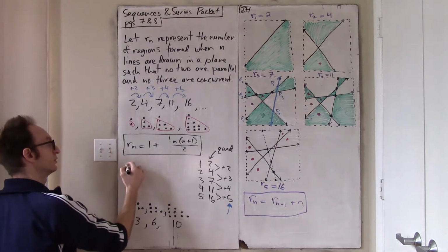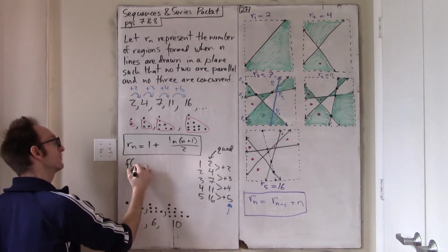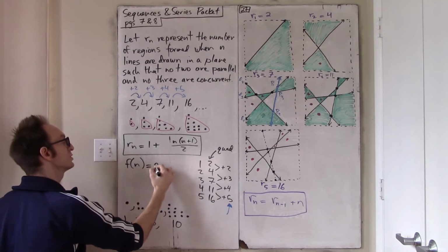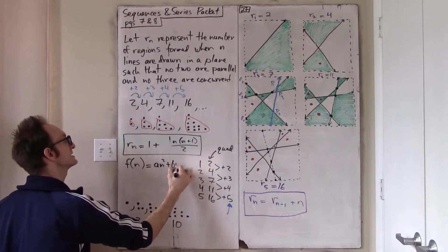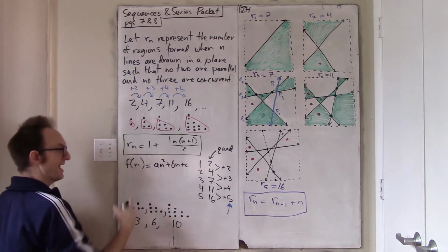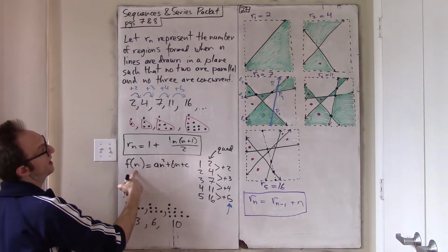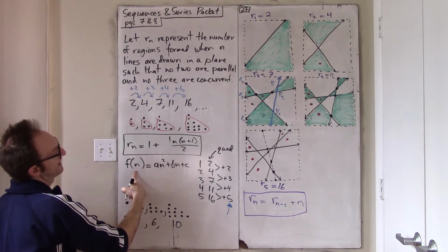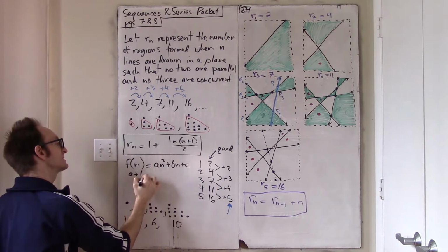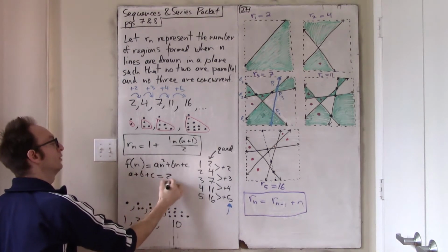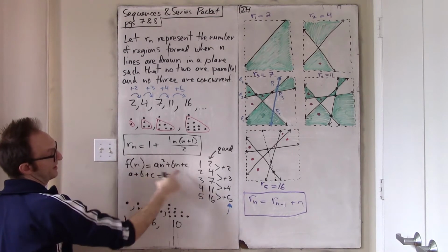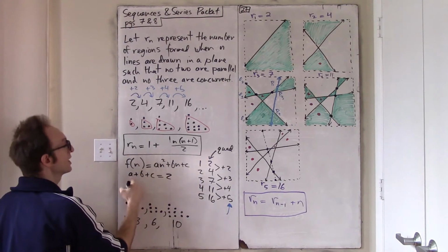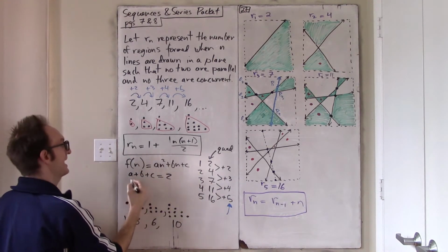Therefore, if you didn't trust this formula, or if you wanted to discover it yourself, you could just set up a little equation. When I plug in 1, I get 2. So A plus B plus C is 2, because the first number outputs 2. And when I plug in 2, I get 4.